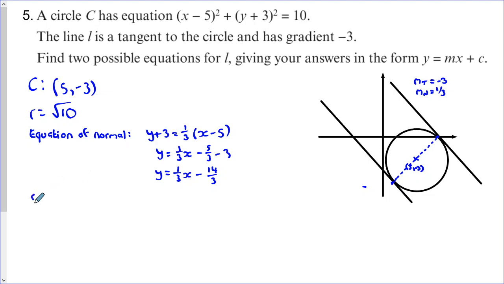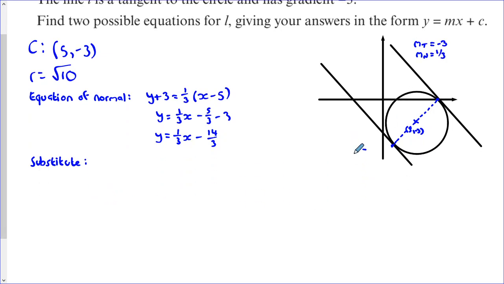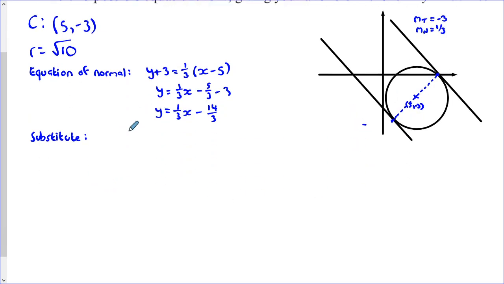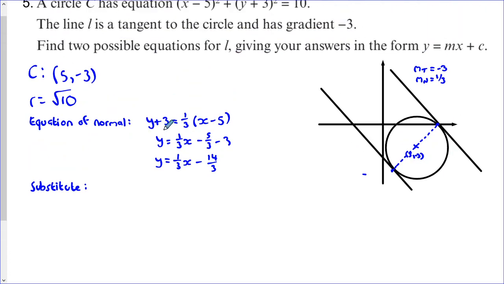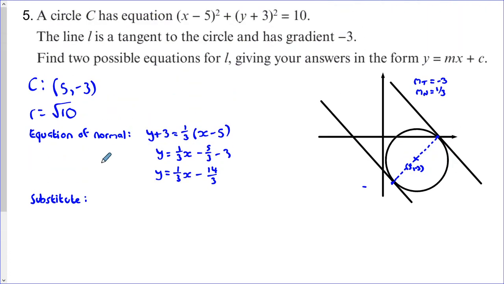So we're going to substitute this for y in the circle. So this could get a bit messy. I've got my equation. So x minus 5 is going to stay the same.